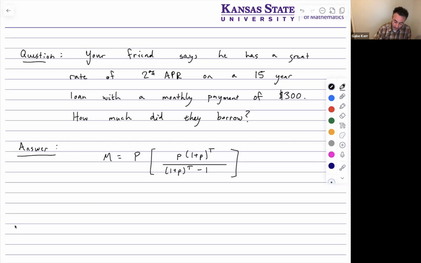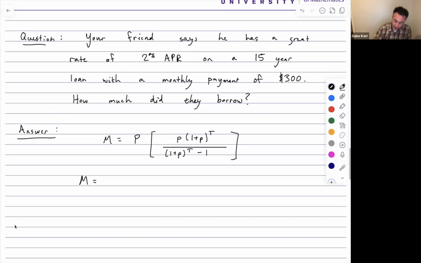Well, let's write down what all of these variables mean again. M, in this formula, is the monthly payment, the monthly amount due. Capital P in this formula is the amount borrowed. Lowercase p is the periodic rate, and this is going to equal the APR in decimal form divided by 12, as before.